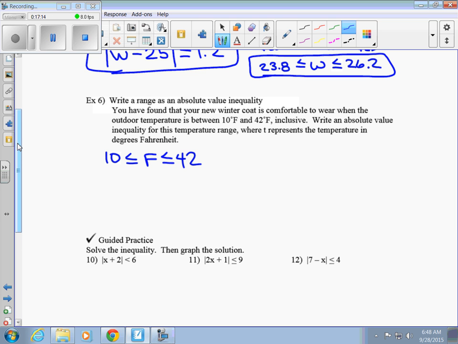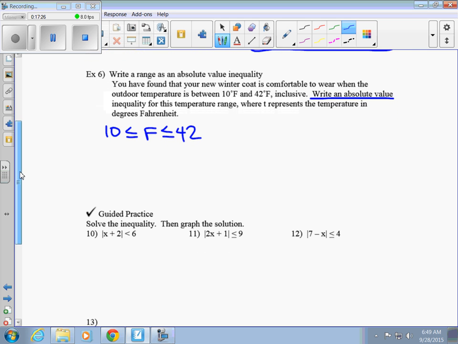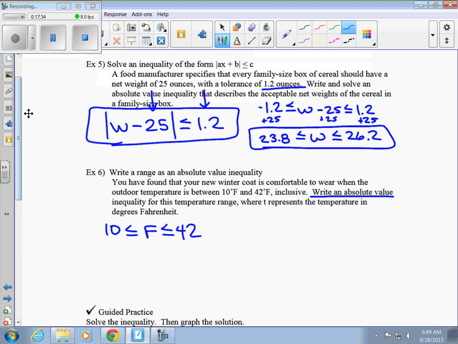Our goal is to write an absolute value inequality for the temperature range, where T represents the temperature in degrees Fahrenheit. So we want to set it up in that same way that we looked at example 5. We want to have the original value, or the middle value, which is our 25.